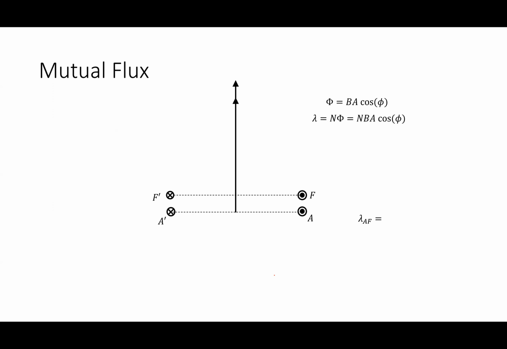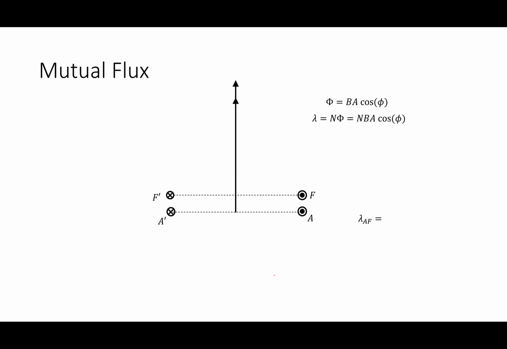This would be a cross section of those coils, so A would be coming out and somehow it would turn and go back into the page. But their fluxes have these normal vectors. As I've shown it right here, the flux from A through F is maximized.